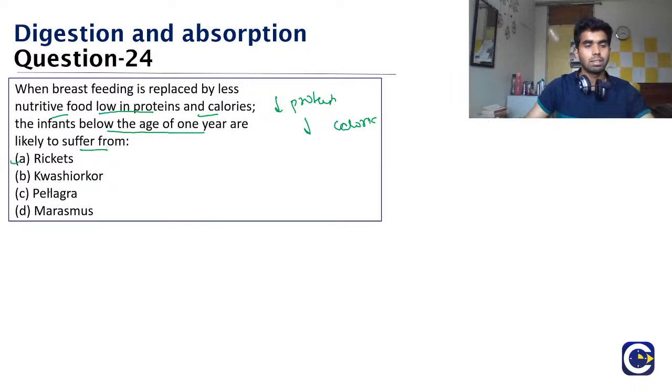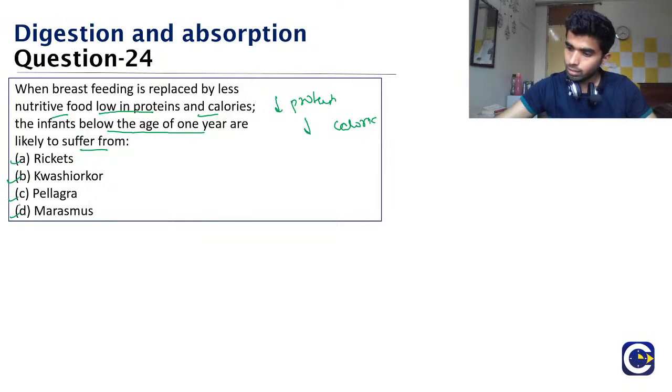Option A, rickets. Option B, kwashiorkor. Option C, pellagra, and option D, marasmus. So Trisha has answered option B, and Lake Priya has answered option D.